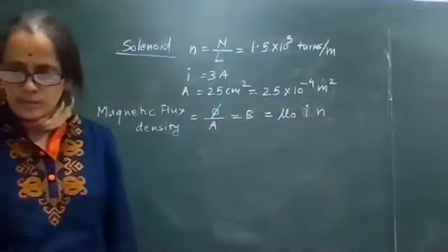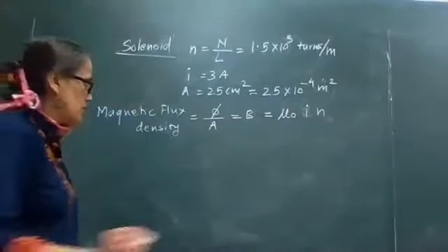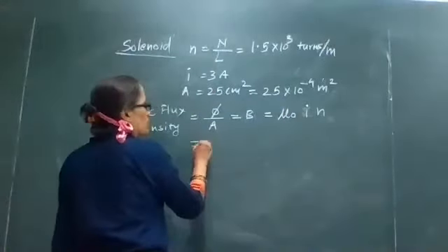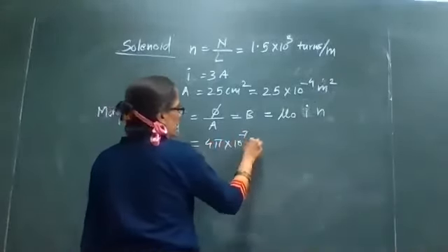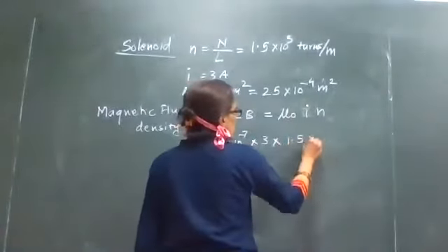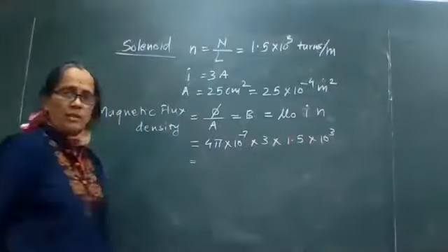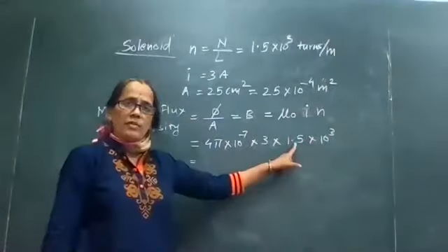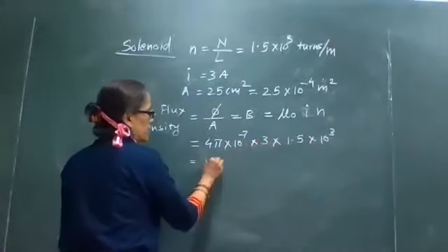Now just go on substituting the values. If you substitute the values, you will get the answer. Mu0 value is 4 pi into 10 raised to minus 7, current 3 ampere, small n is 1.5 into 10 raised to 3. Just go on doing the calculation. 4 into 1.5 is 6. 6 into 3 is 18.